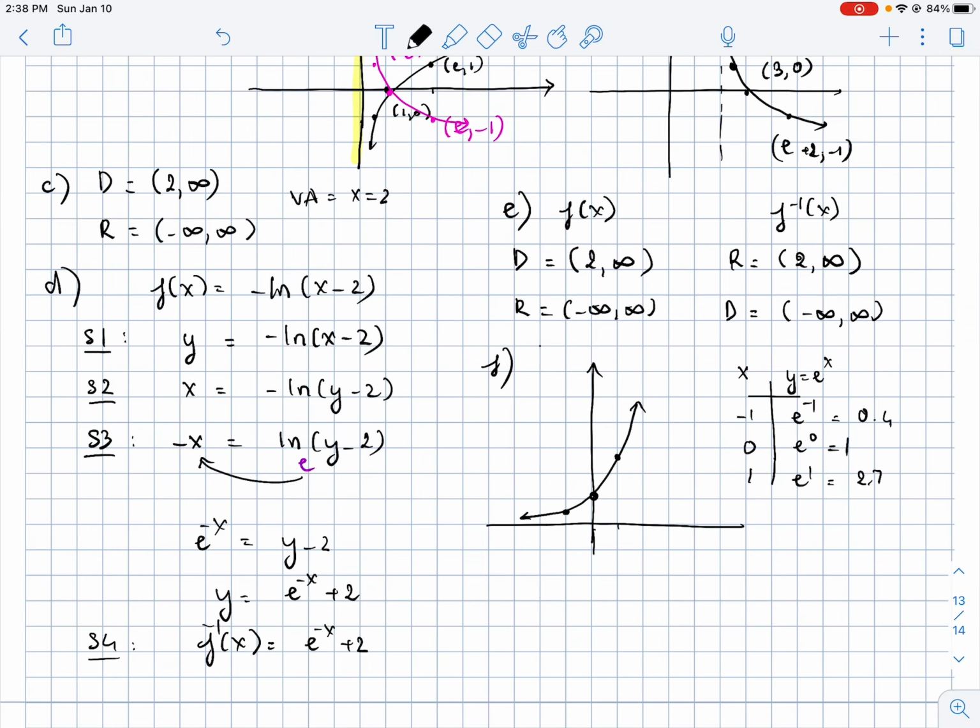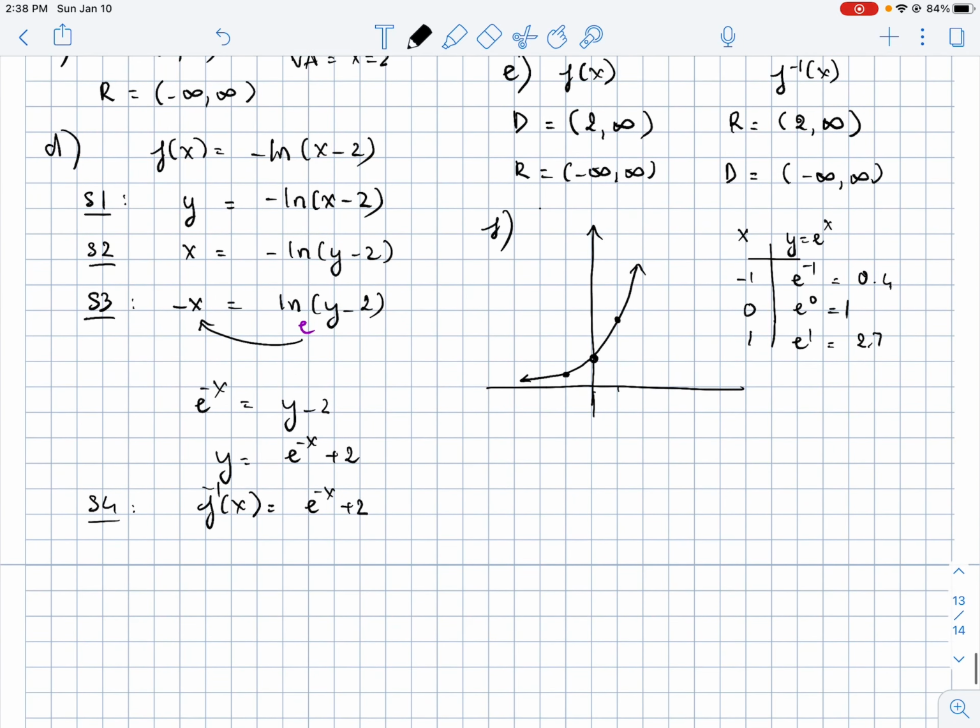So we have this. And then the function f inverse of x is e to the negative x. So we are going to do the negative first. We will reflect about the y-axis. Assume that we have f of x equal to e to the x. What if we change the input to negative x? Then we get e to the negative x.